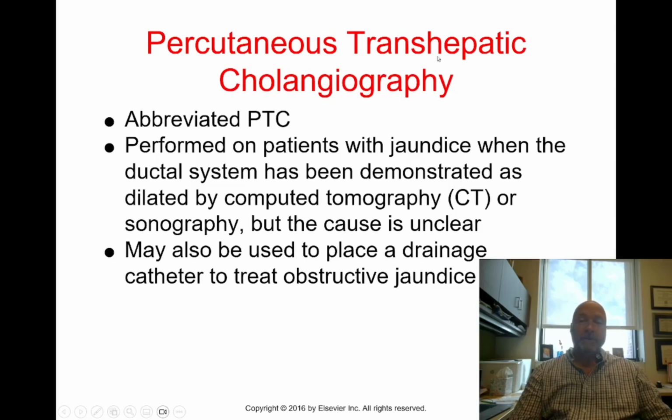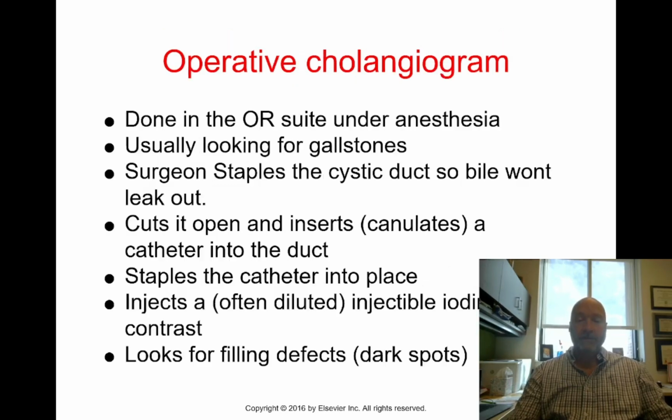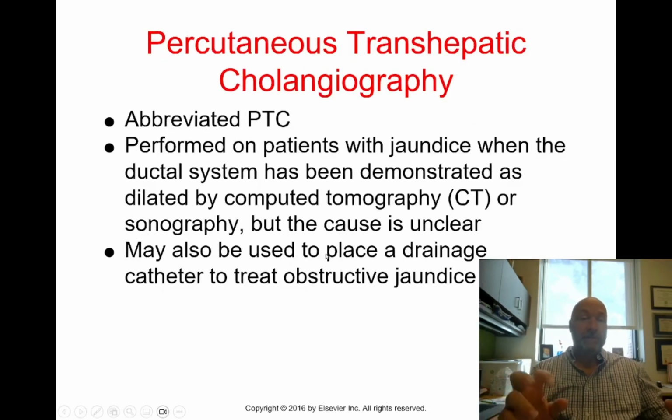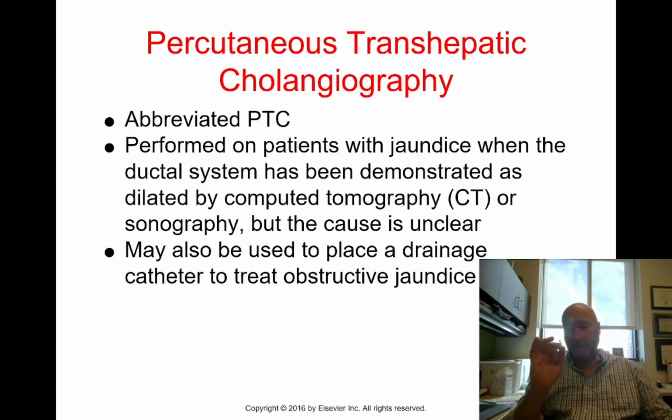So percutaneous transhepatic cholangiography is a special procedures or interventional exam where they take this long needle that they refer to as a Chiba needle, sometimes referred to as a skinny needle procedure because it's like an 8-inch long small gauge needle. So small gauge means that it's skinny.